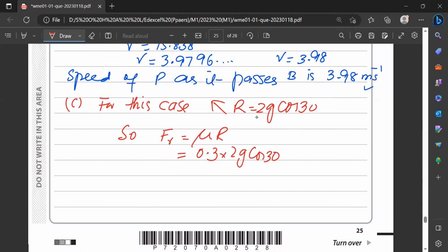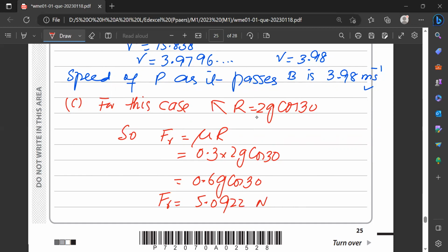There are different techniques for solving this question. This is 0.6 g cos 30, or you can find this in decimals: 0.6 multiplied by 9.8 multiplied by cos 30. This is the value of the frictional force which can act here, 5.0922 newtons.